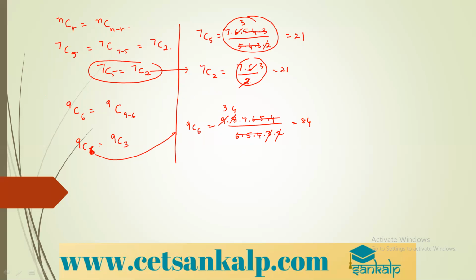Instead of doing it in a difficult way, you can take 9C3 and say start with 9, take 3 numbers, divide by 3 factorial. So directly you will cancel 3 3s, 2 4s and then you will write 84. Compared to the long one, this is still a shortcut method.